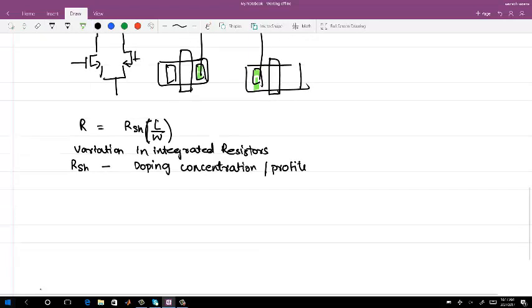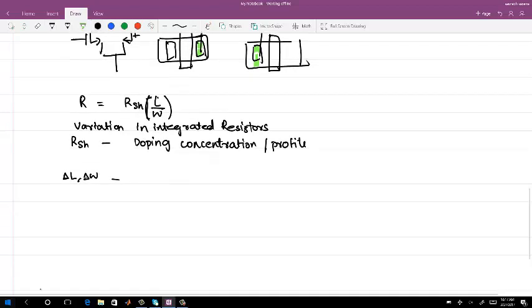The other ones are if I change W or L, then I can also have a variation in the resistance. This depends on the accuracy of a given technology.